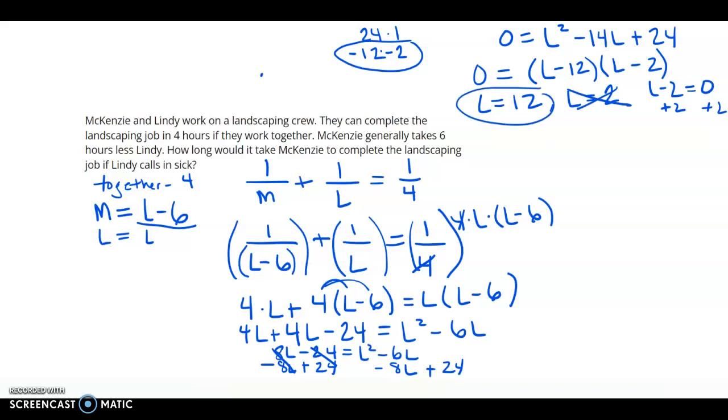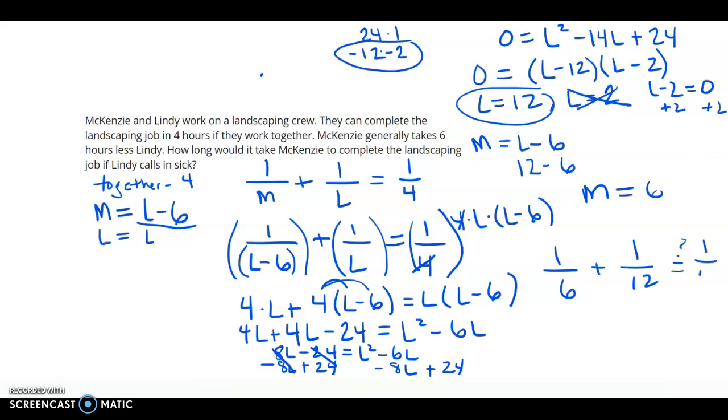So Lindy is 12, which means Mckenzie was L minus 6, so she'll just be 12 minus 6. Then Mckenzie is 6 hours. Now, if you're unsure about it, you can substitute it in really quick. So 1 over 6 plus 1 over 12, and we'll see, does that equal 1/4? Get your calculator out, or just get your common denominator because we're adding fractions.